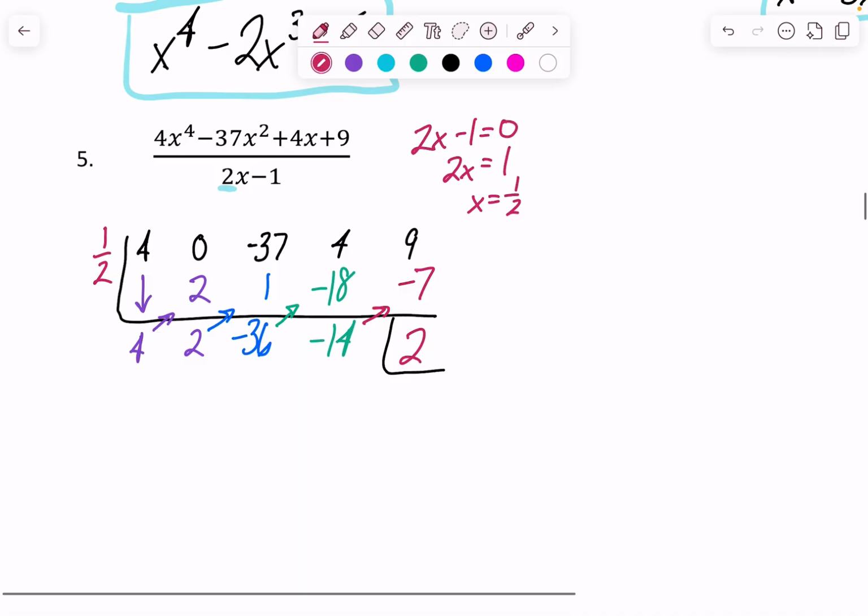But then we have an extra step. Again, this comes from there being that 2 in front of the x. We need to account for that too. So we're going to divide our coefficients by 2 before we write our final answer. Our original power started at x to the 4th, so we're going to start at x cubed.